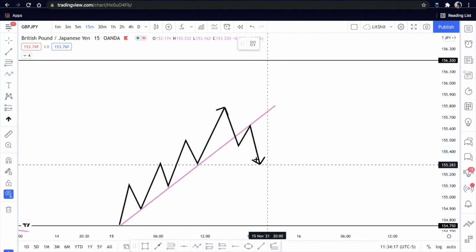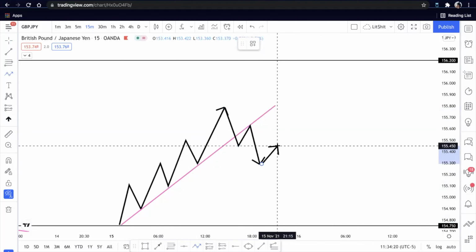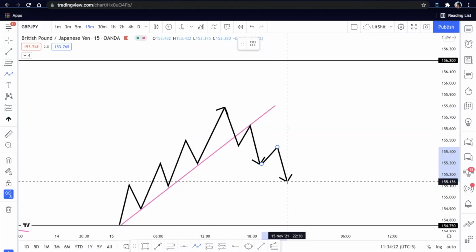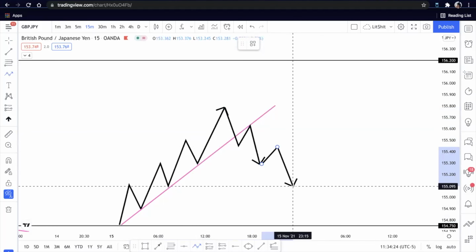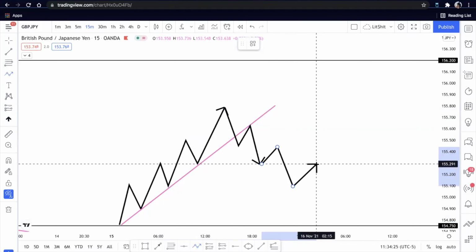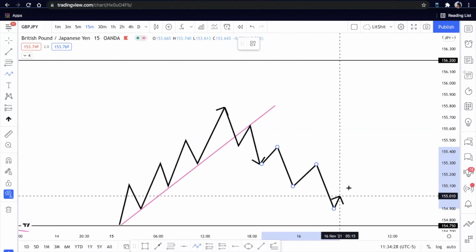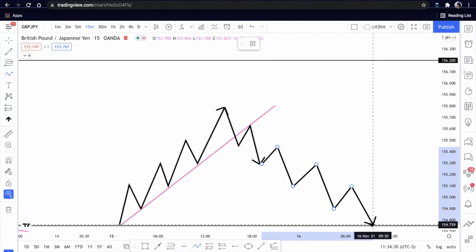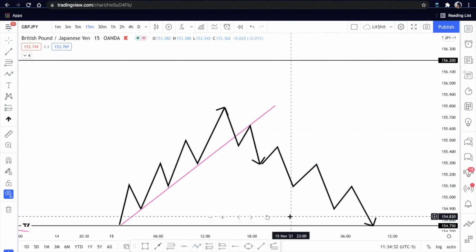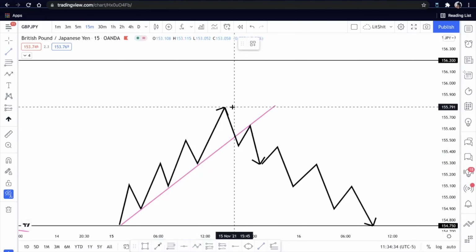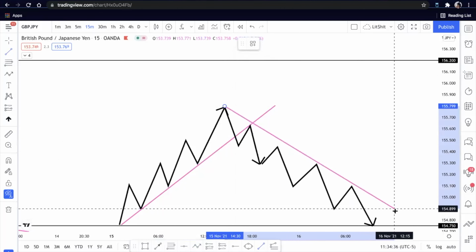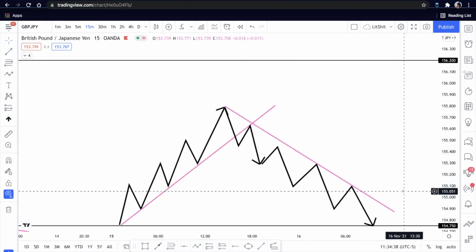All right, and then from there, of course, lower high, lower low, lower high, lower low, lower high, lower low. Okay, so this is how a downtrend works. Your downtrend is going to have lower lows and lower highs.